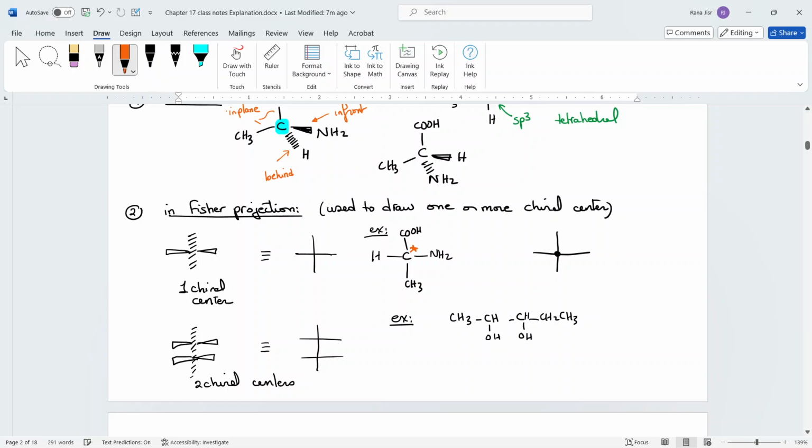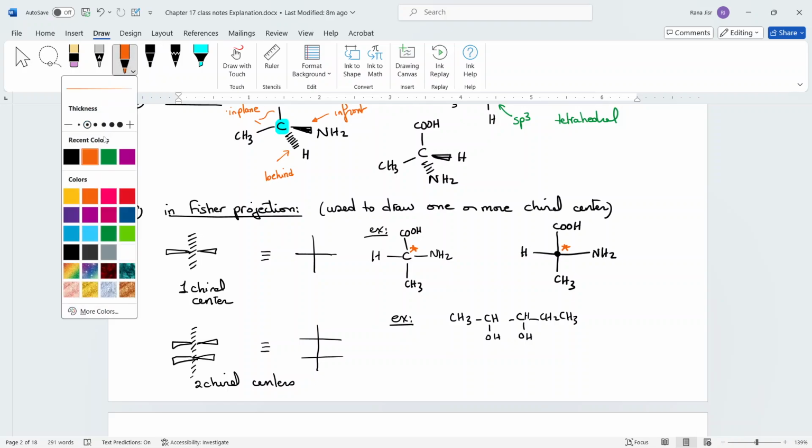This is the chiral center. So I'm just going to go ahead and label it as the chiral center. And then you can distribute the groups anywhere you want, guys. So what I see over here is the acid and the CH3. I'm going to put the acid up there, and I'm going to put the CH3 down here. And then I have my NH2 here, and I have my hydrogen in there.